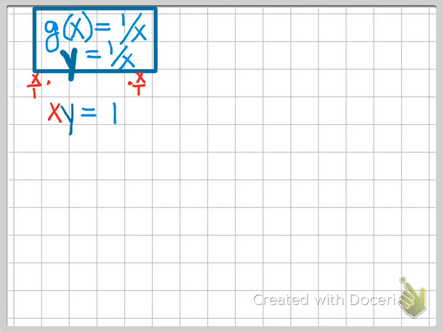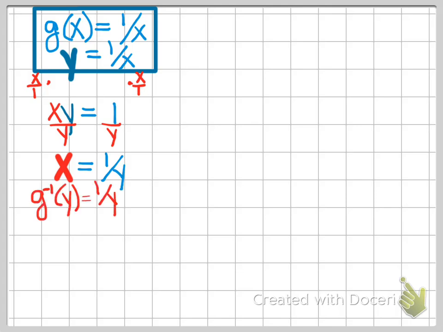And again, I want to solve for x. I want to get x all by itself. So I'm going to divide by y on both sides, and my x equation is equal to 1 divided by y. What we produced is a function of y that gives us an x value.